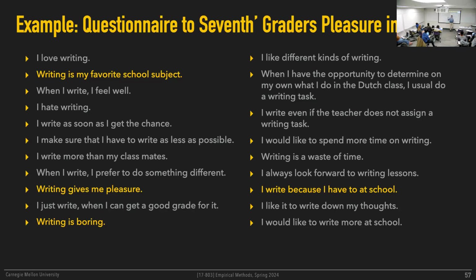You expect this kind of consistency, and you expect somebody who strongly agrees that writing is their favorite school subject at school to also strongly agree that writing gives them pleasure and writing is not boring, right? The opposite of that, and so on and so forth, right? You expect that the answers are consistent across these different ways of asking the same thing.